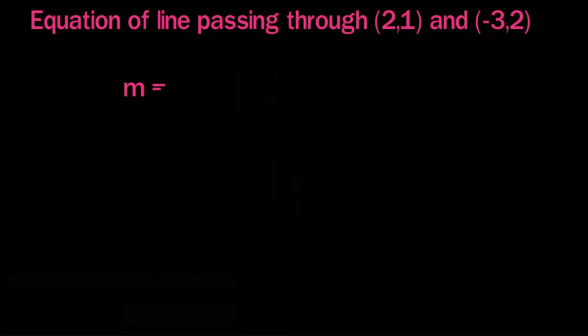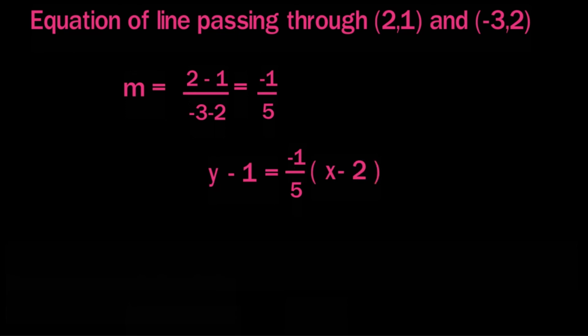The slope is 2 minus 1 over negative 3 minus 2, so it's 1 over negative 5. So this is the slope. Then we use the equation and any of the points. Let's say we use the first point: y minus y1, which is 1, and the slope, and x minus x1, which is 2. So we have the linear equation here.